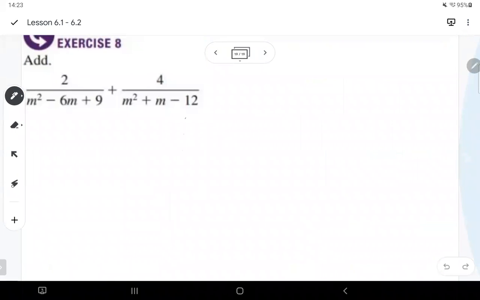Last problem in this lesson, and then I'll move on to section 6.3. All right, so first things first, let's do our denominator factoring. Right now we have m squared minus 6m plus 9 and m squared plus m minus 12.